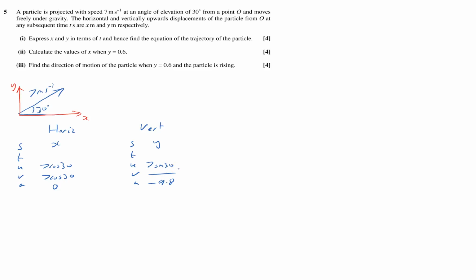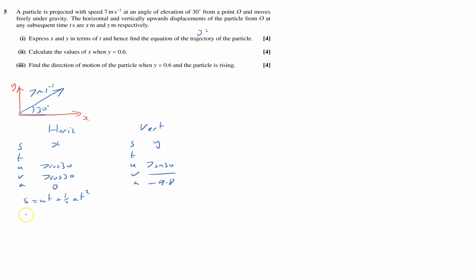And I have to have a link of the time between the vertical and horizontal. We want to get y equals, because that's the equation of trajectory. So I want to work out t first over here. I could use other things, but I'm going to go for s equals ut plus a half a t squared.